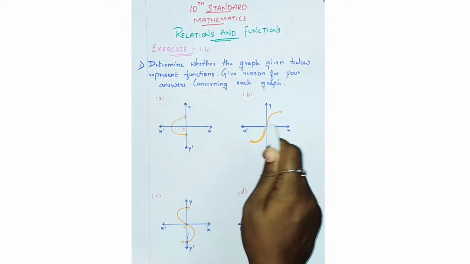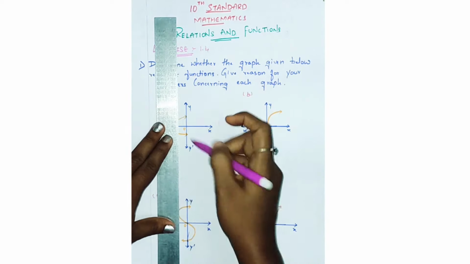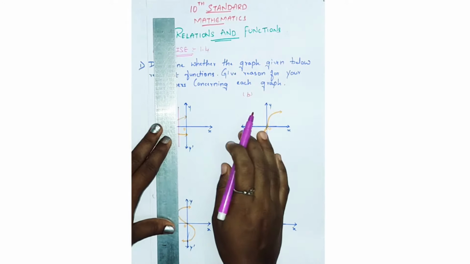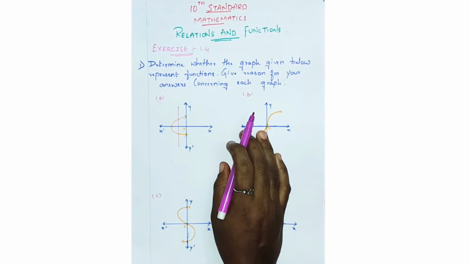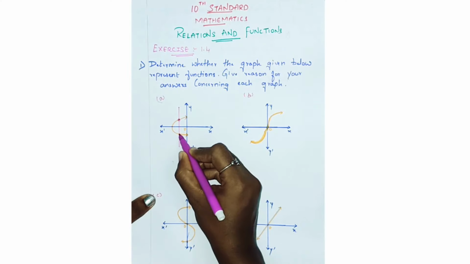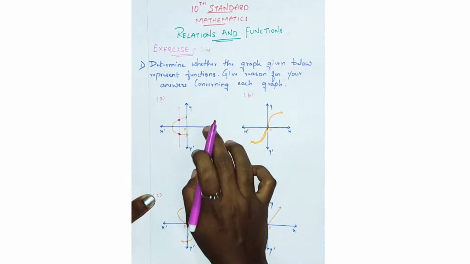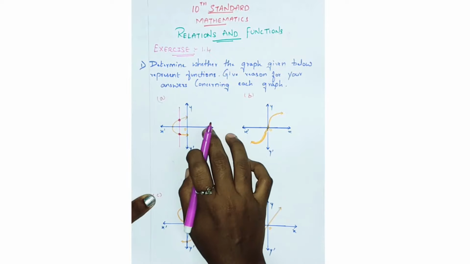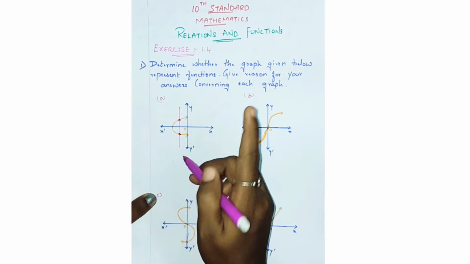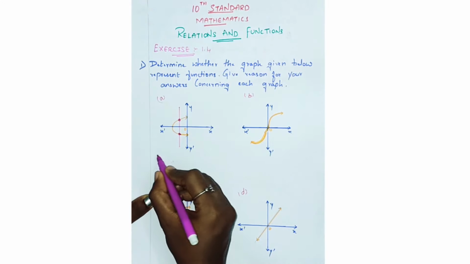Okay, so now we'll check the first graph. You have to draw a vertical line. See, I am drawing a vertical line here. You can see the vertical line meets the graph at 2 points. So this is not a function. I said it should meet at only 1 point. So how will you write the answer?